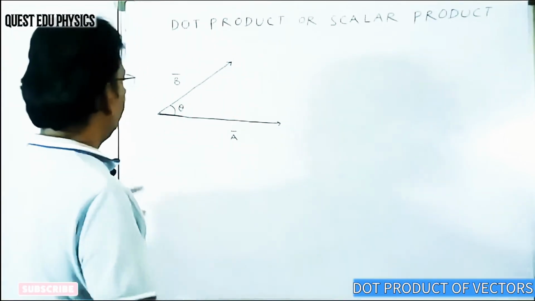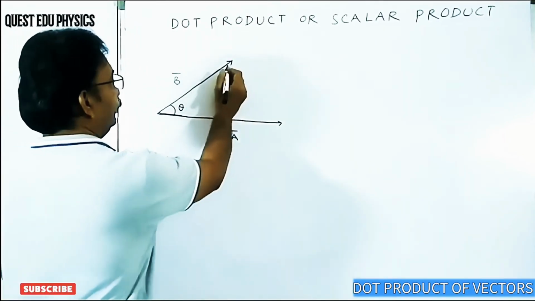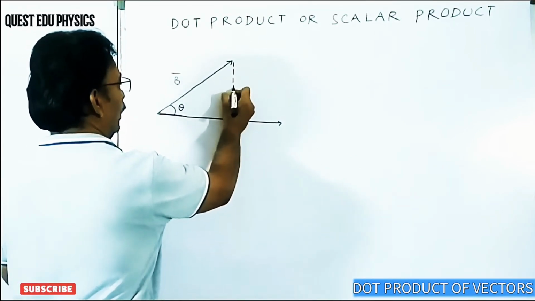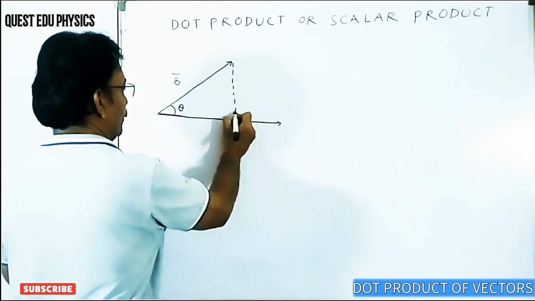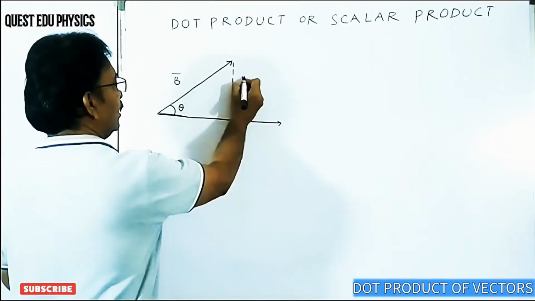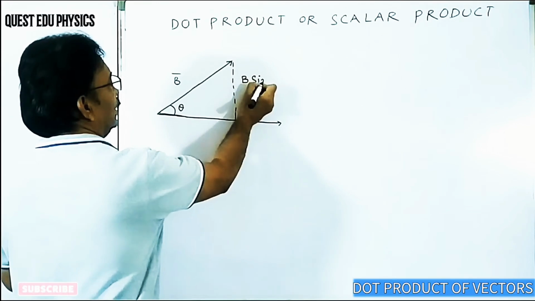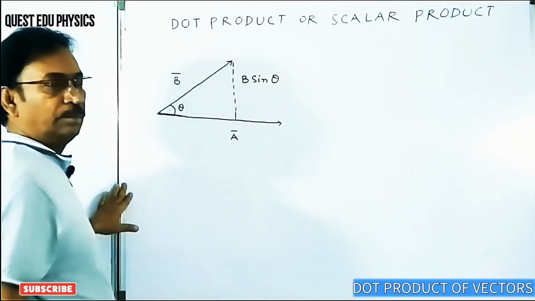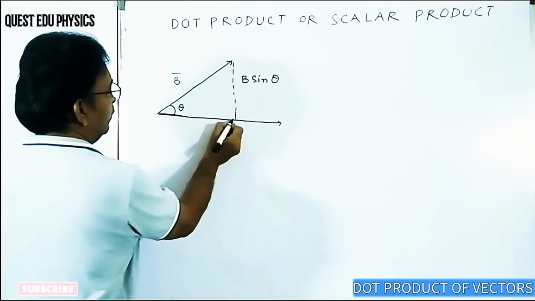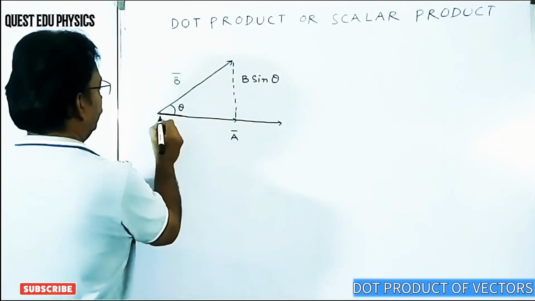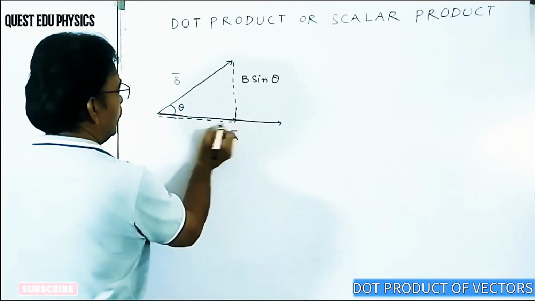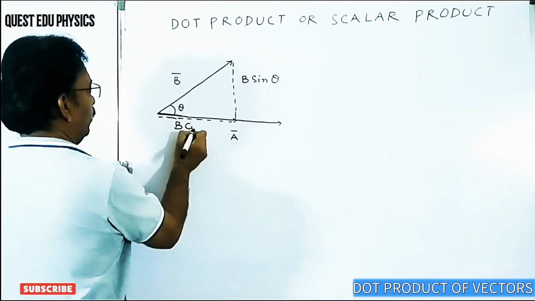You can understand this very easily. Here is the vector. I am dropping a normal from this one. I think you understood what I am going to do. I am resolving this vector B into components, and obviously it is B sin theta, and we take one more component, which we call B cos theta.